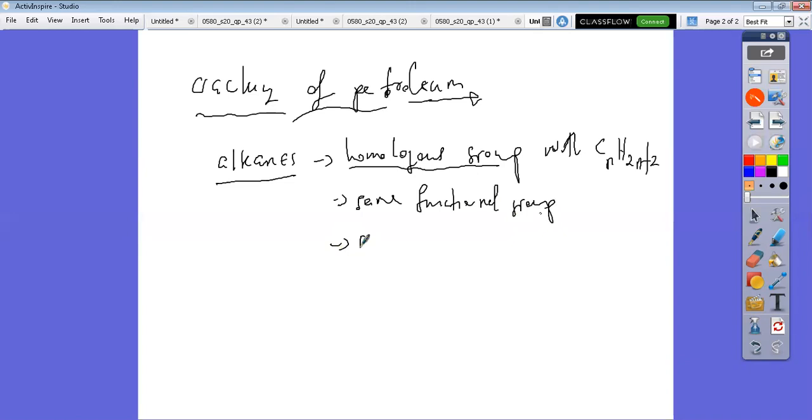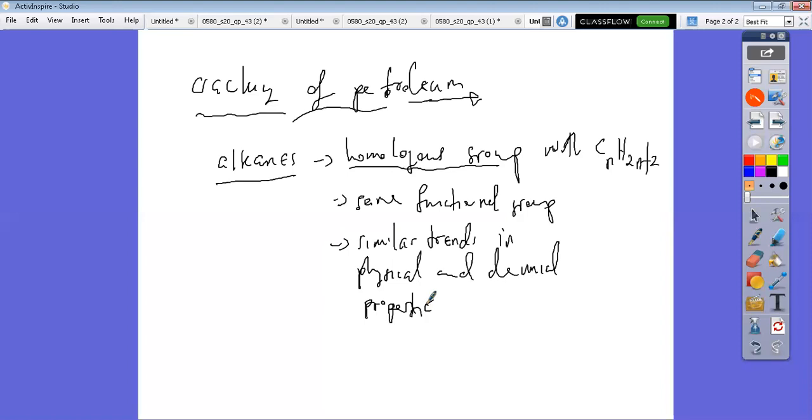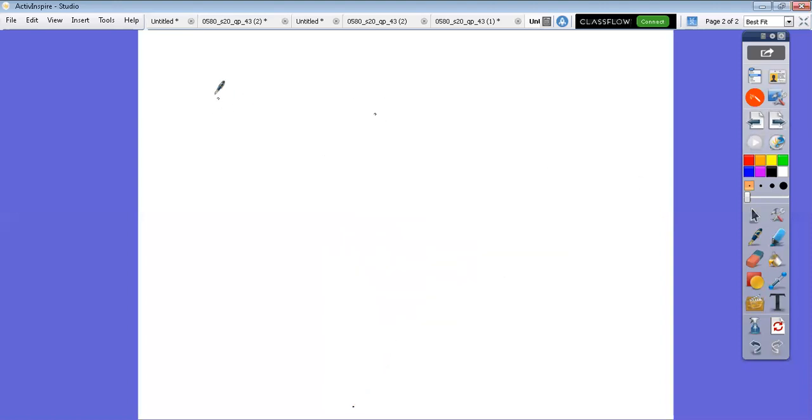They show similar trends in physical and chemical properties, mainly chemical properties. Are we together? Homologous group.